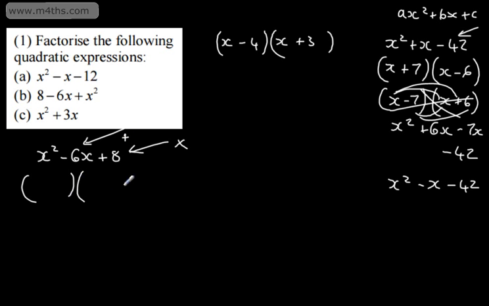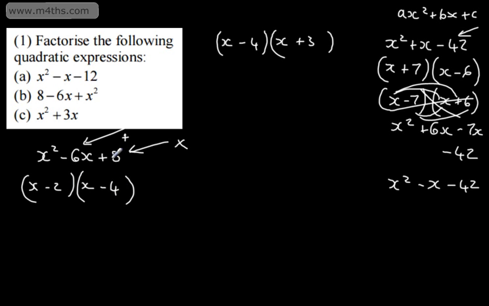Bracket, bracket, another one there. If I think about this now, this is definitely going to be 2 and 4. If this number is positive here and this one is negative, then the two factors here are definitely going to have negatives in them. So it's going to be negative 2 and negative 4.